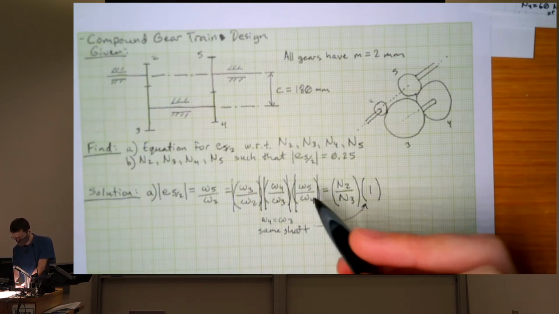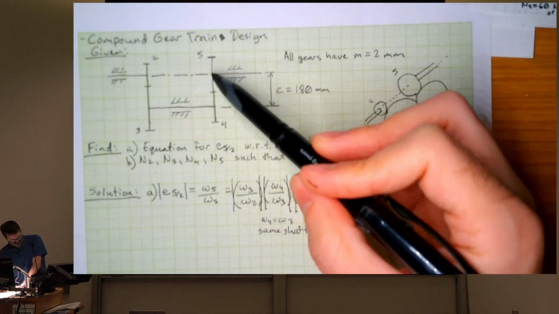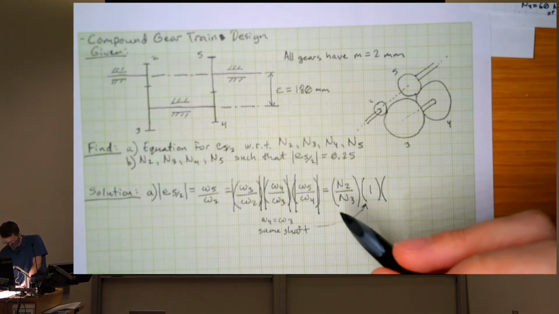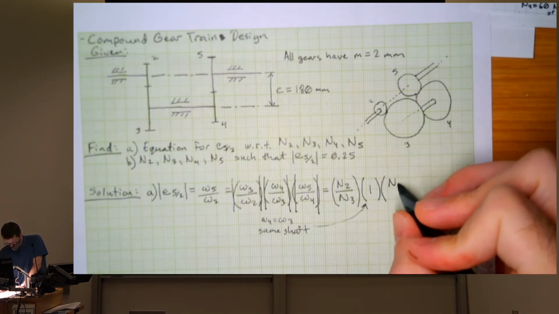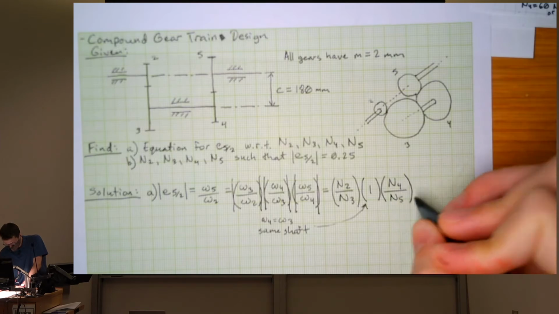And then finally we have omega 5 over omega 4, which again is just an external gear pair between 4 and 5. And we have N4 over N5, like that.